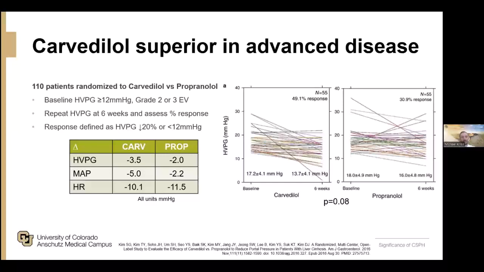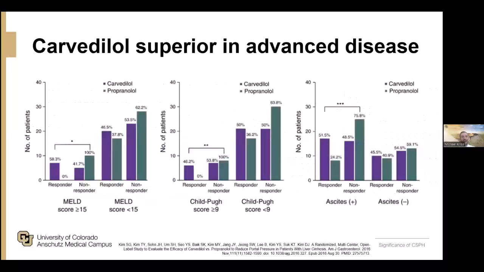But the reason I like this study is they then took the same cohort and divided it based on 3 different metrics of liver disease severity: the MELD score, Child-Pugh score, and the presence or absence of ascites. And this is really remarkable, because if you look at patients who had more advanced disease based on a MELD greater than or equal to 15 or a Child-Pugh score greater than or equal to 9, none of those patients responded to propranolol, 0.